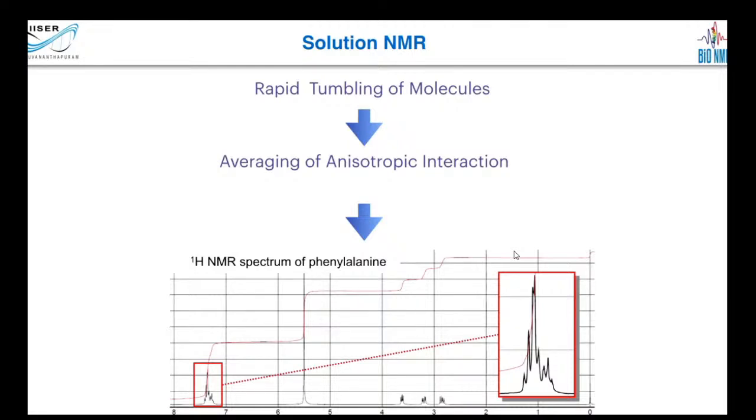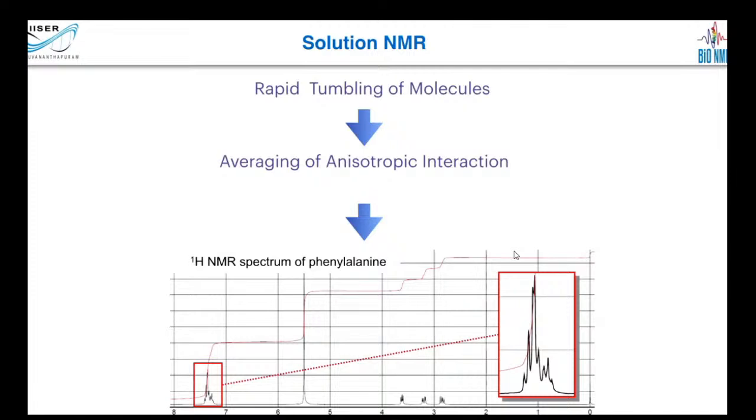So you don't see dipolar coupling in solution NMR unless you reintroduce it using specific alignment media. The reason we reintroduce it is that it is quite a good structural tool for understanding the angle between two bonds, the distance between two bonds, and also the shape of the molecule.